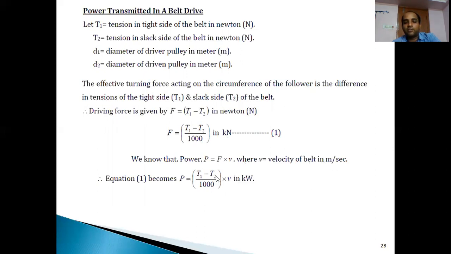So P is equal to (T1 minus T2) by 1000 into V gives the resulting term in kilowatts. This is the equation to calculate the power. And the linear velocity of the belt is calculated as pi d1 n1 by 60, or for the other pulley, pi d2 n2 by 60.